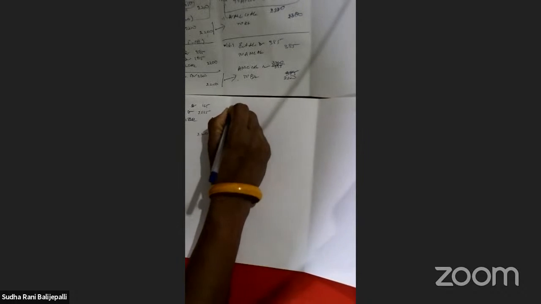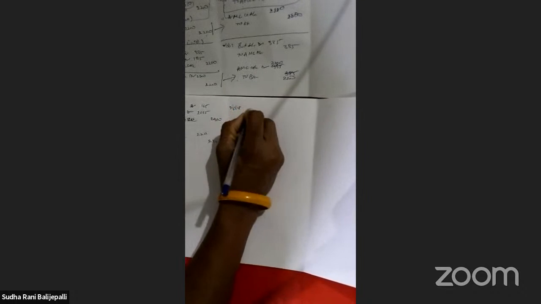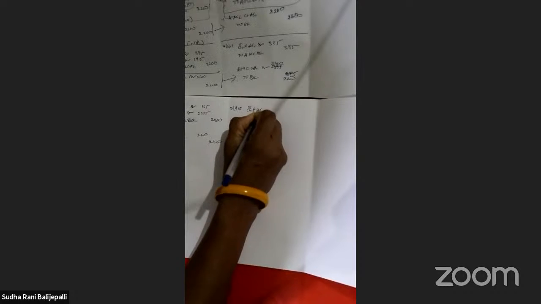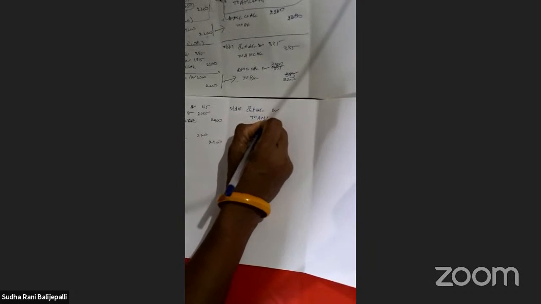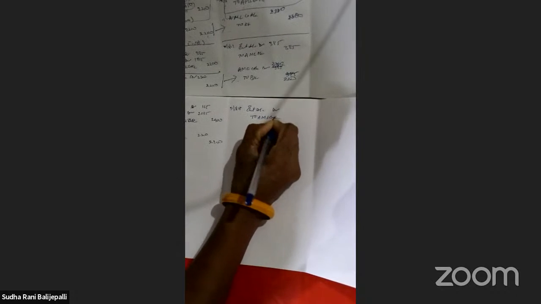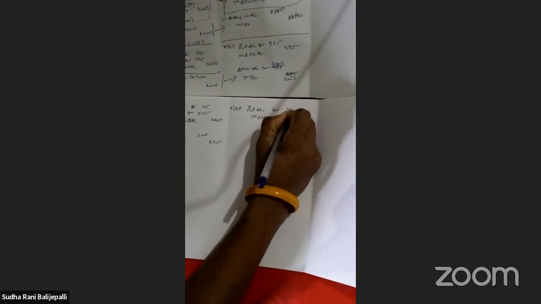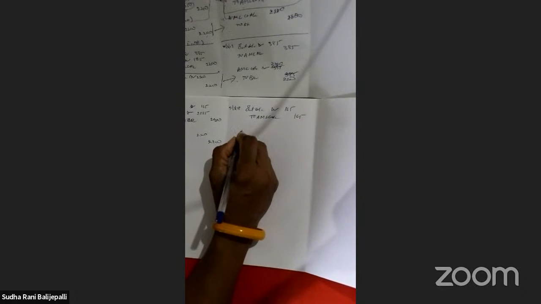Same way in the third year, 31st March 18, interest account debit to Automated Machine Limited Company account, 165 for interest due.